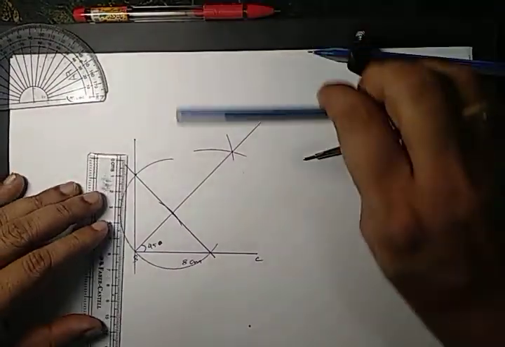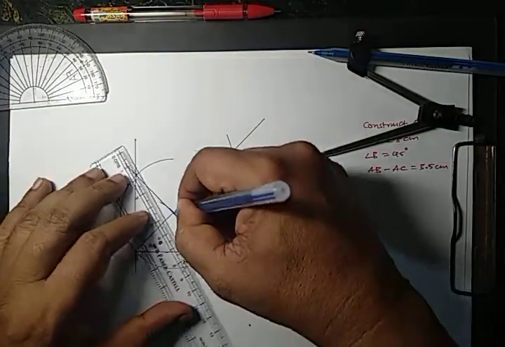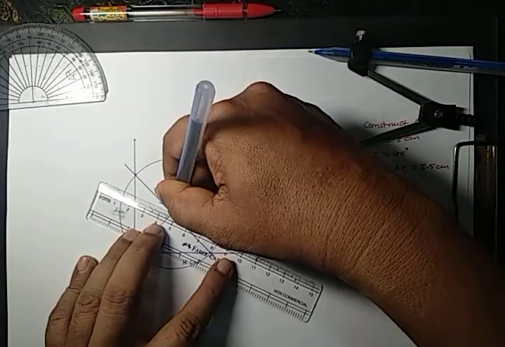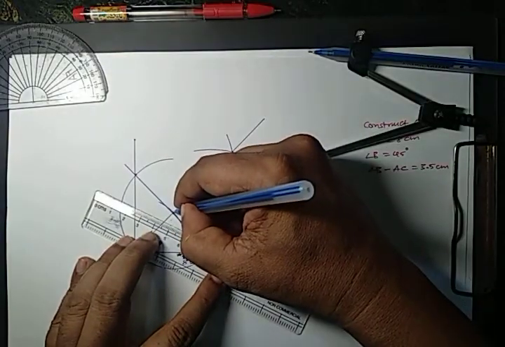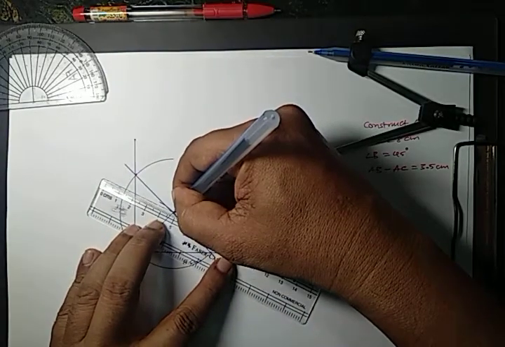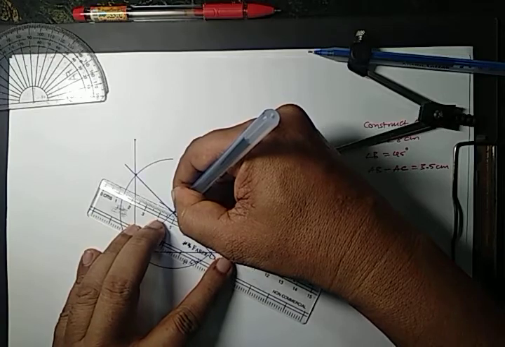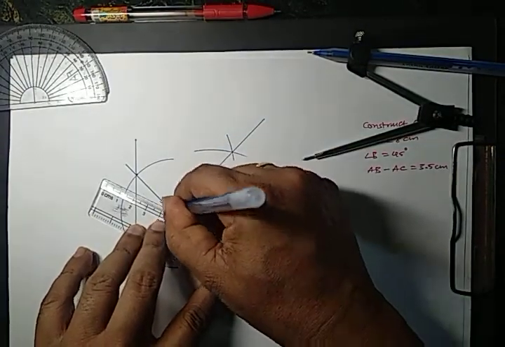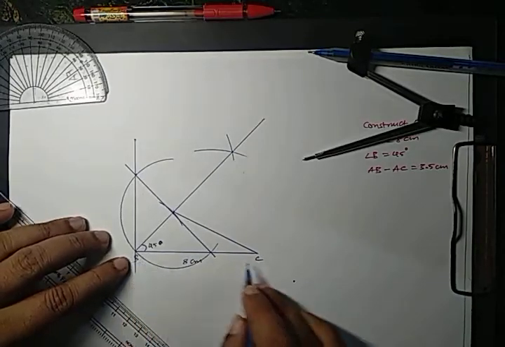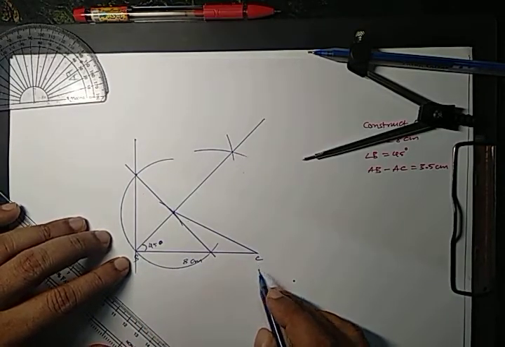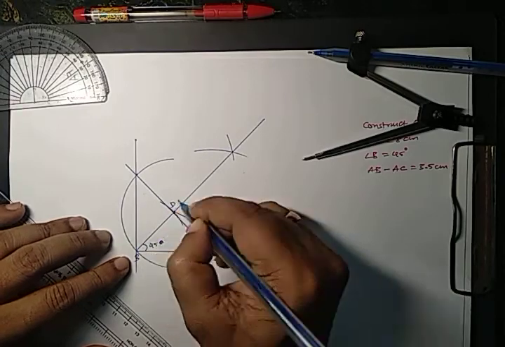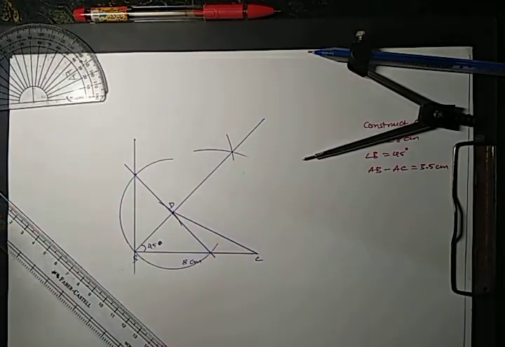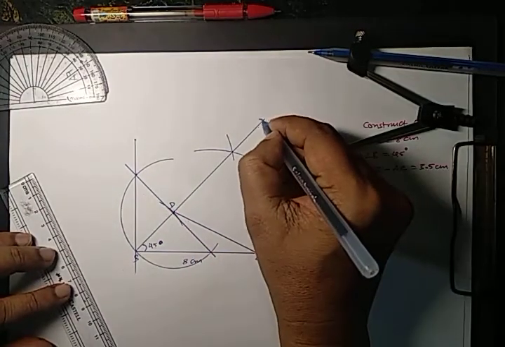Now from that point I join C. Now this is B and this is C, and this point I am making it as D. Now this is extended.